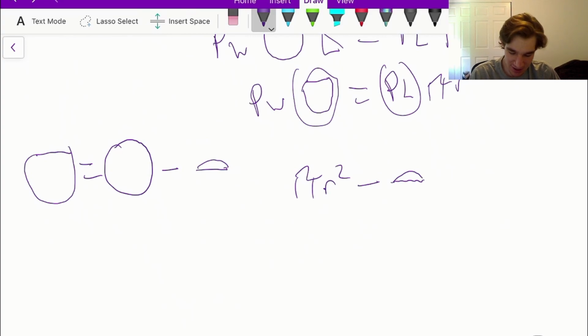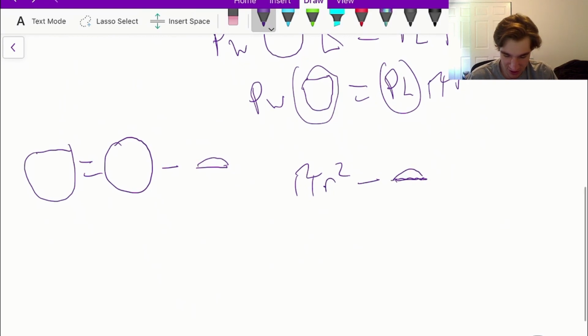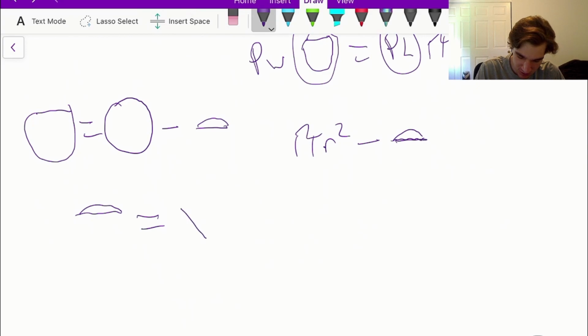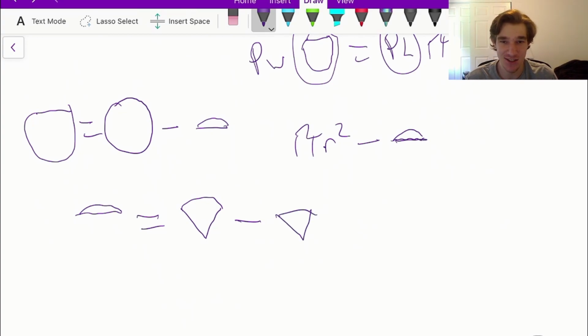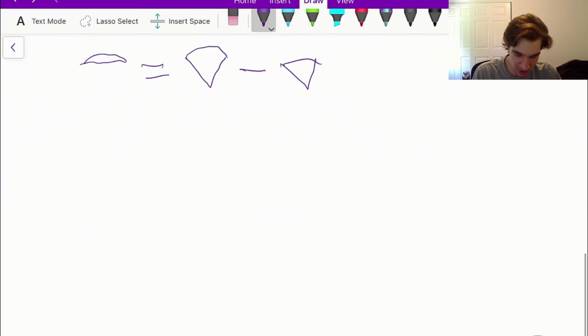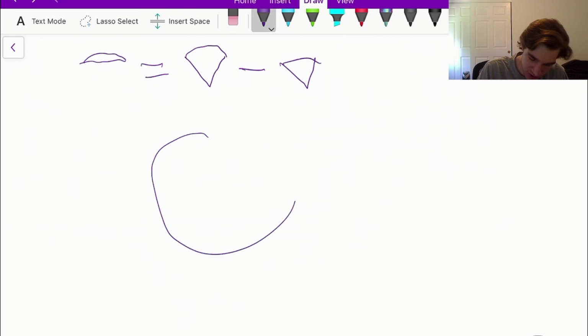So in order to find this, this is a straight line. In order to find this, we have to think of another way to find it, and this right here, this weird shape, is going to be equal to this area of the circle minus this triangle that is inside the circle. So in order to find this right here, we have to draw the circle. That was really bad.